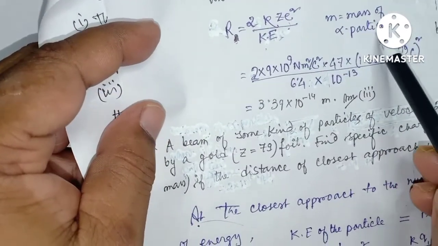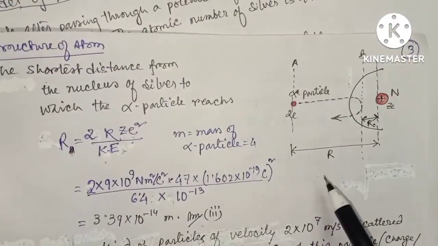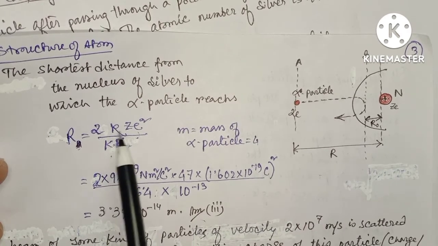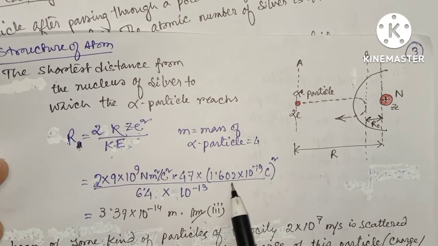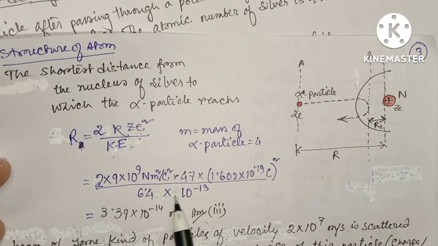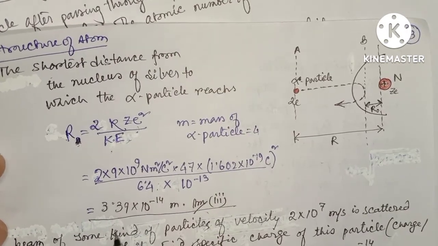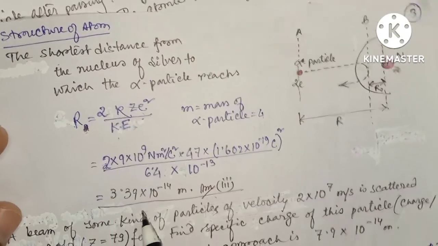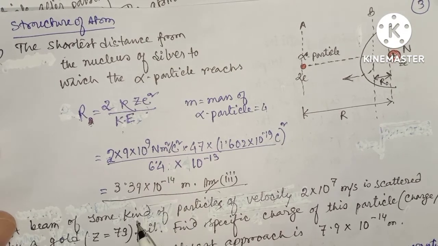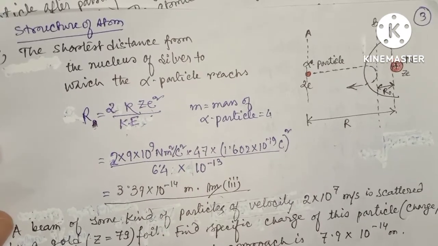Here m is the mass of the alpha particle. Putting all the values of kappa, z and e square divided by kinetic energy, that is 6.4 into 10 to the power minus 13, we get the ultimate value. This represents the shortest distance, 3.39 into 10 to the power minus 14 meter, from the nucleus of silver to which the alpha particle reaches.